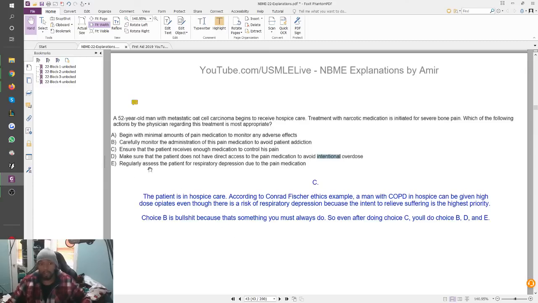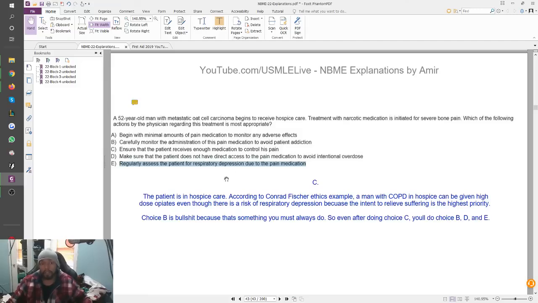And then the next one, regularly assess the patient for respiratory depression due to the pain medication. This was a tricky answer choice, okay? And this is also quote unquote correct. It's also correct, but C is the better answer choice, right? Our priority is not assessing him for respiratory depression.